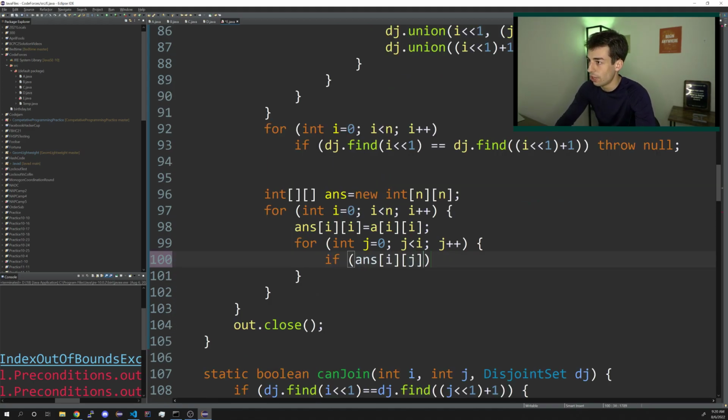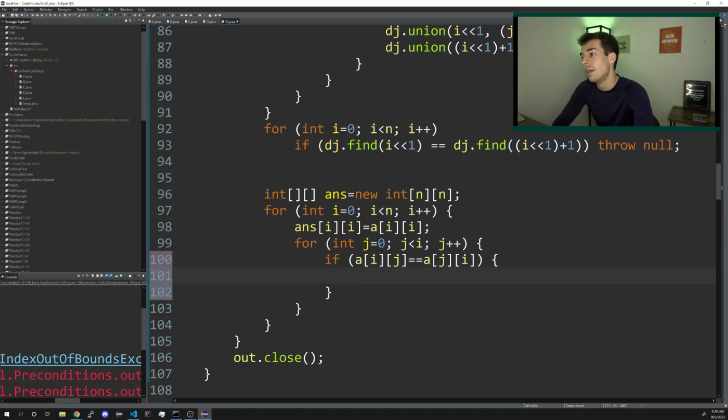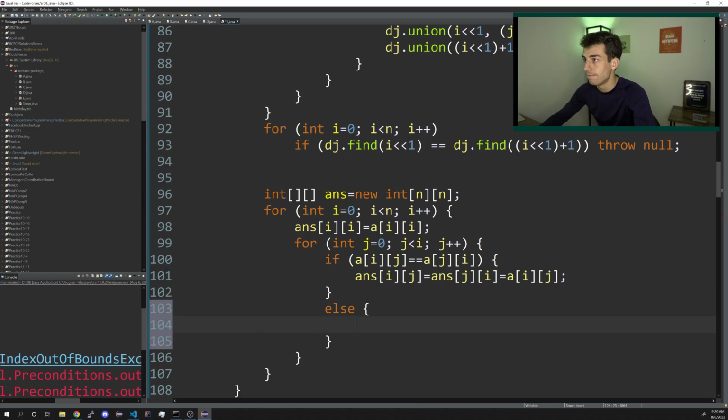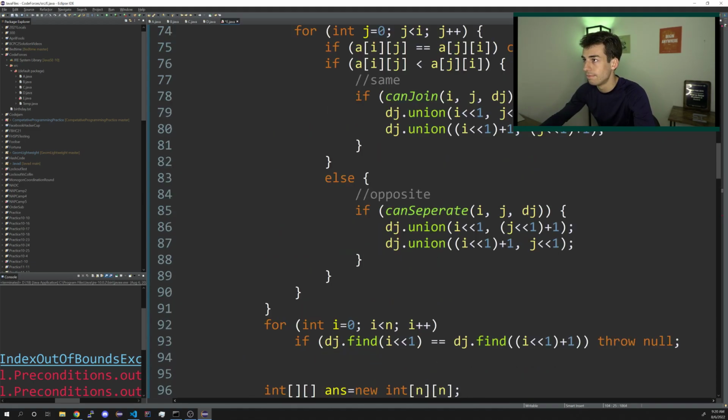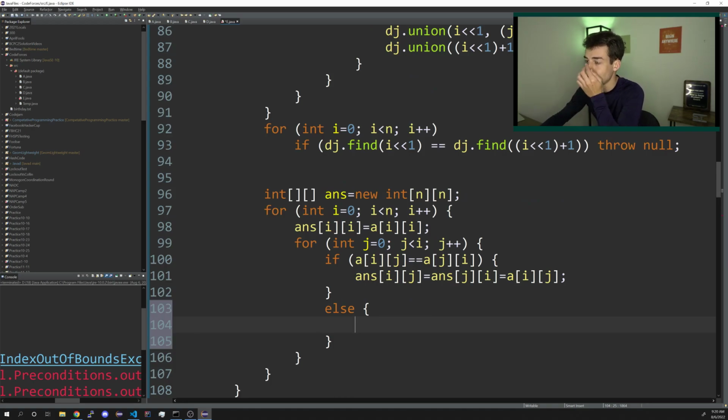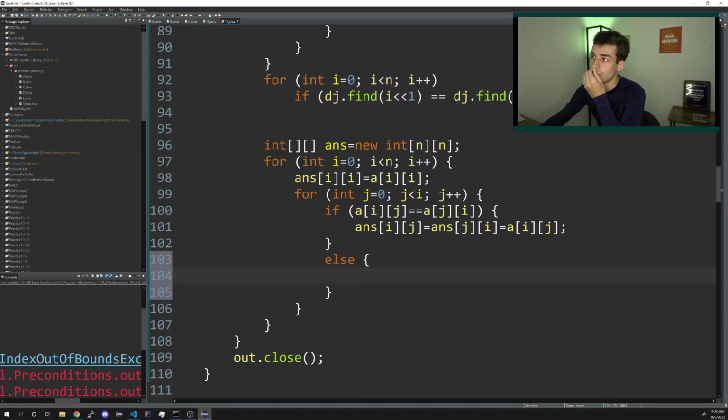If a at i j equals a at j i, then ans at i j equals ans at j i equals a at i j.